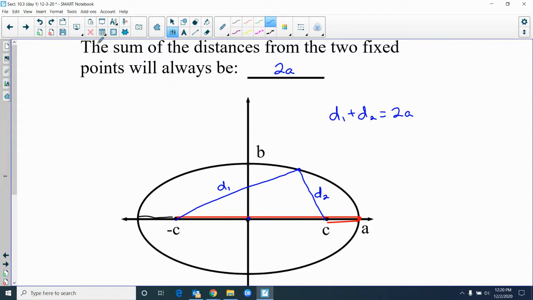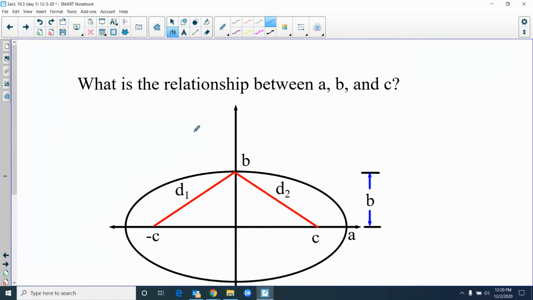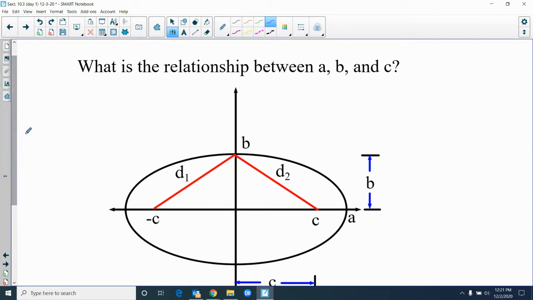Now, that next picture says, what is the relationship between a, b, and c? You've always learned that in a right triangle, a squared plus b squared equals c squared, and that will never change.